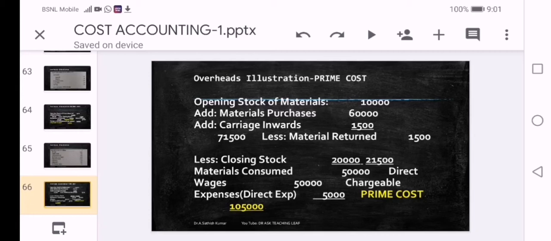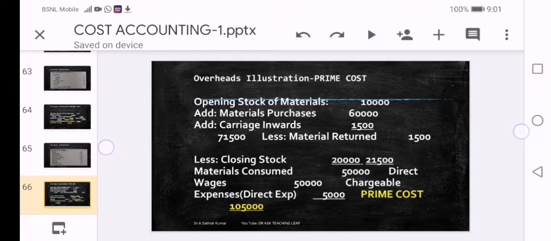This 21,500 you have to deduct from 71,500. So how much will you get? The difference between 71,500 and 21,500 is 50,000, which is materials consumed. Means direct material is available now. Direct material for the year is 50,000.